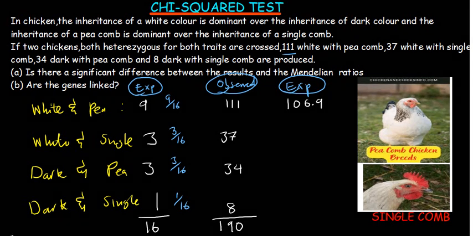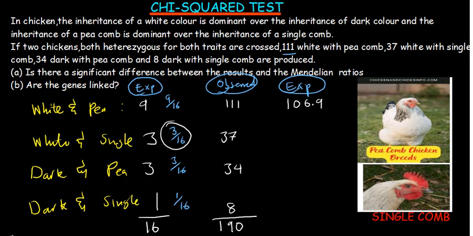So we expect to have 106.9. And we also expect 3 out of 16, but we have got a total of 190 offspring. So 3 out of 16 times 190, giving us 35.6.